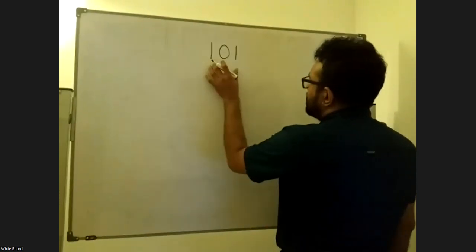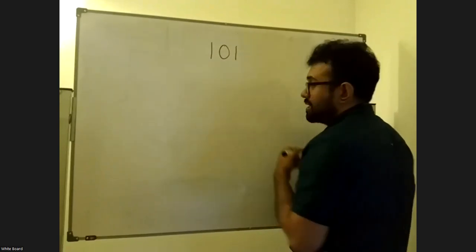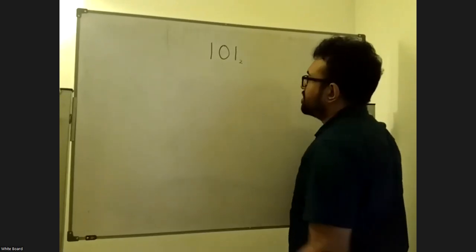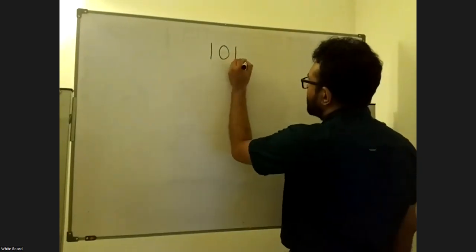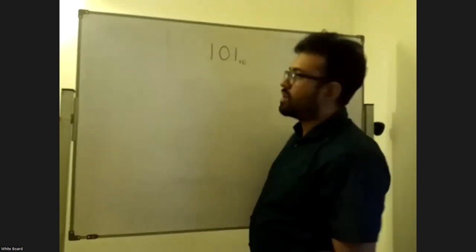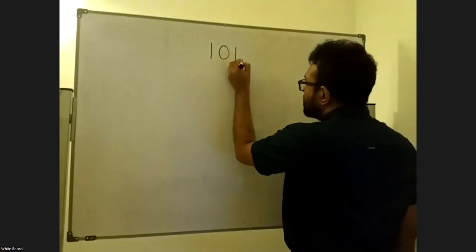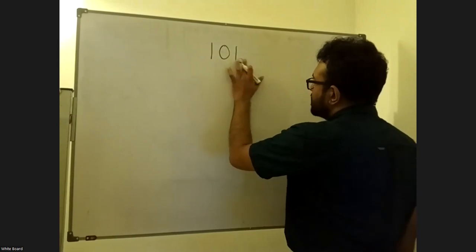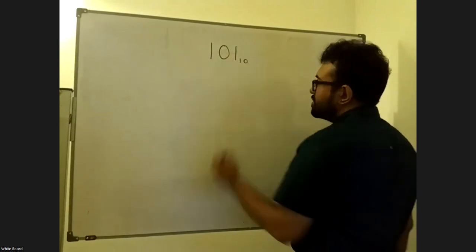So these are certain, right? We can't say decimal if you don't put it like this. This is now a decimal number. What if you put 10 here? That is a decimal, sorry. This is a binary number, right? So if you put 2 here, it is a binary number. If you put 10 here, it is going to be a decimal number.